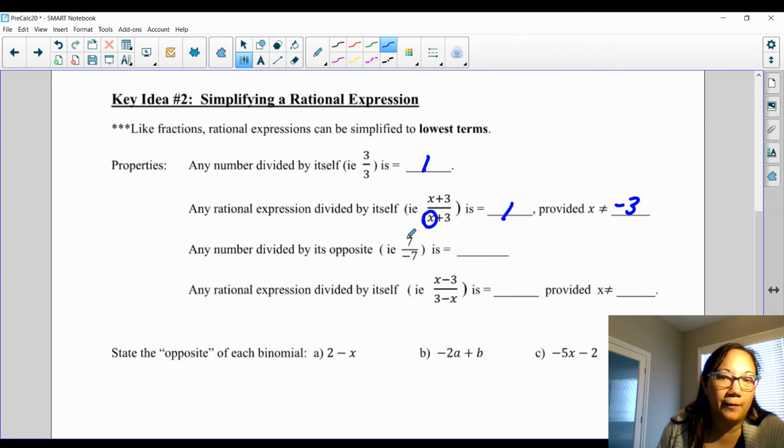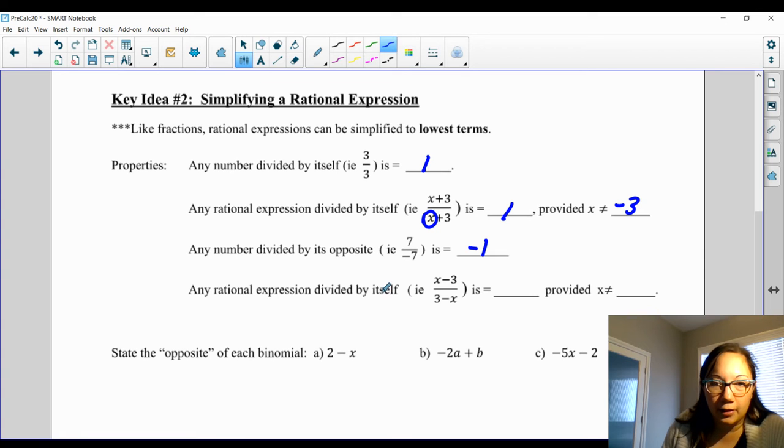Now, what about simplifying 7 divided by -7? Well, a positive divided by a negative is going to be negative. And so 7 over 7 is 1, but we have a -1. That's because 7 and -7 are called opposites. So what if we have opposite polynomials or binomials? For example, x minus 3 and 3 minus x.